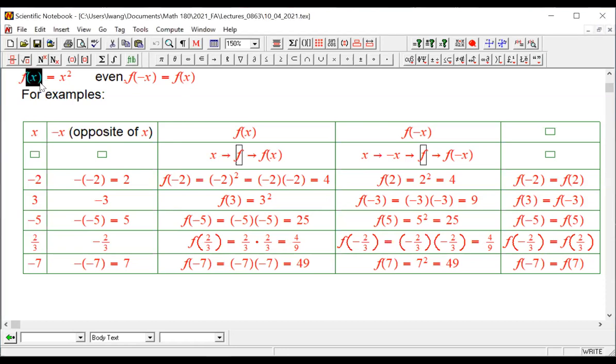we put parentheses. This basically tells us the input. This is the input. It also tells you the rule of the function depends on whatever is in the parentheses. The rule of the function depends on x.